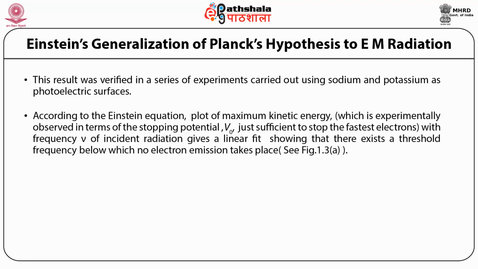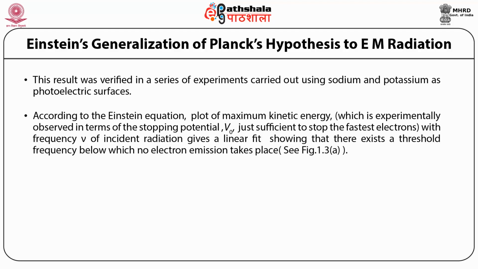According to Einstein's equation, a plot of kinetic energy E max, which is experimentally observed in terms of stopping potential V0, just sufficient to stop the fastest electrons, against frequency ν of incident radiation gives a linear fit, showing that there exists a threshold frequency below which no electron emission can take place.